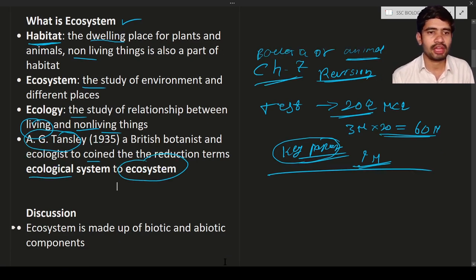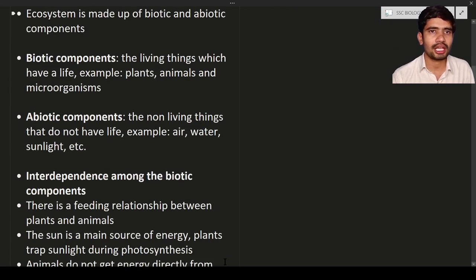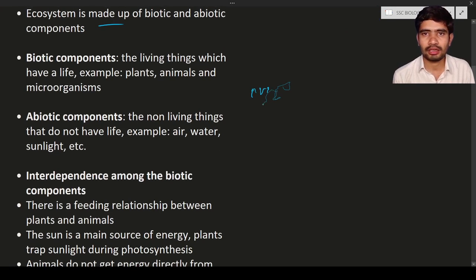Next is the discussion of some important things: the ecosystem is made up of biotic and abiotic components. Biotic components means living things. Abiotic means non-living things.